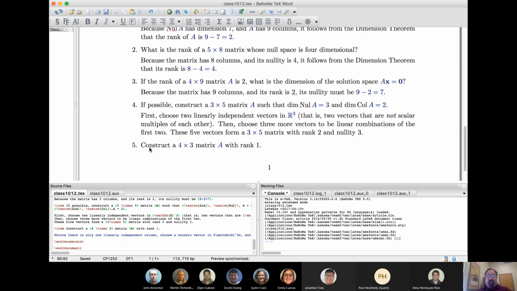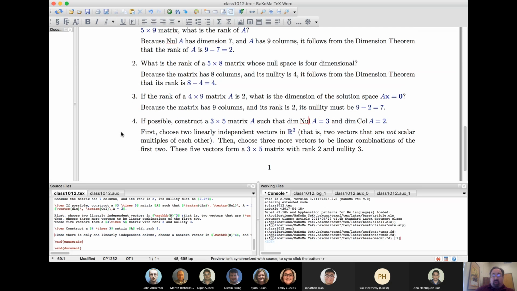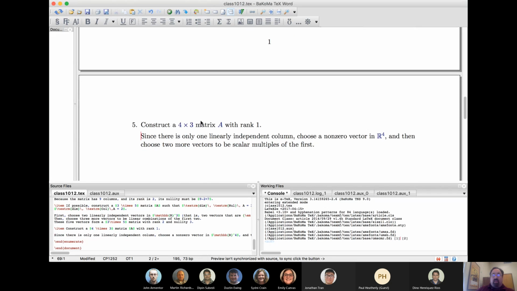And then finally, building a matrix that has rank 1. So a matrix that has rank 1 has only 1 linearly independent column. So what you can do is you have 3 columns in total to pick.